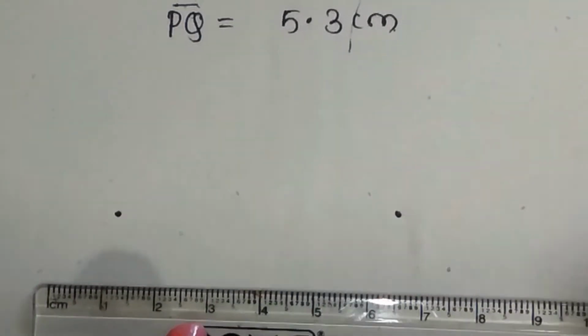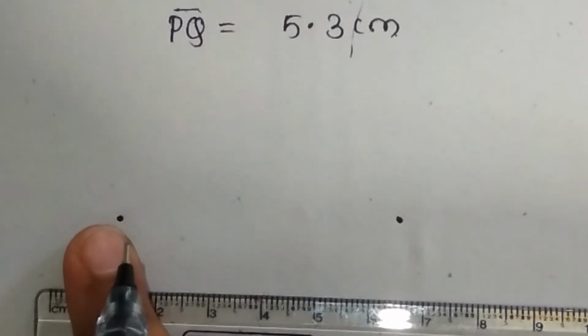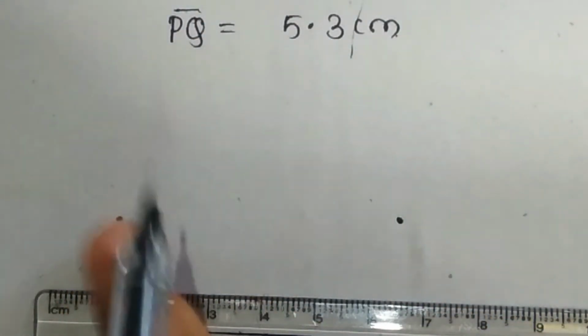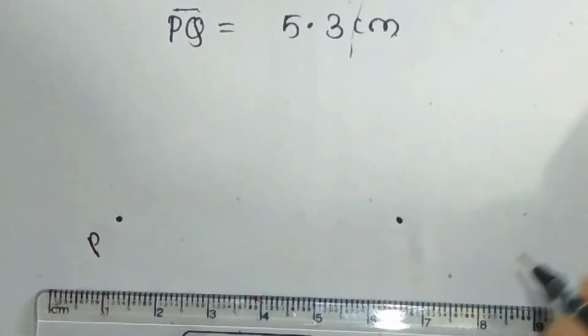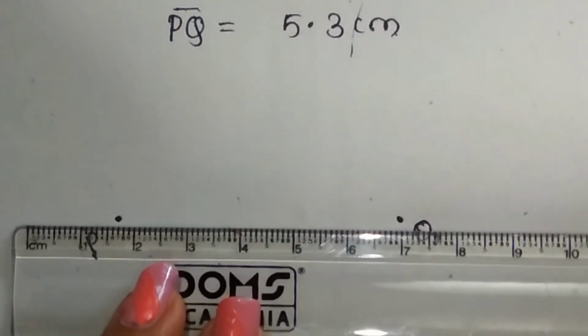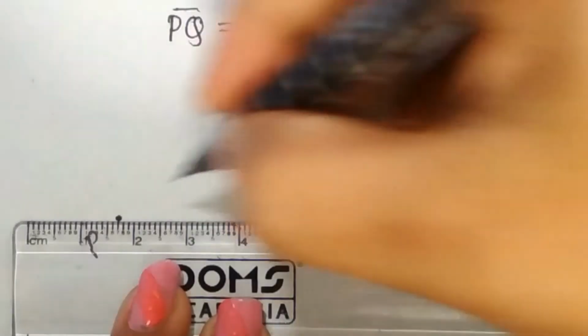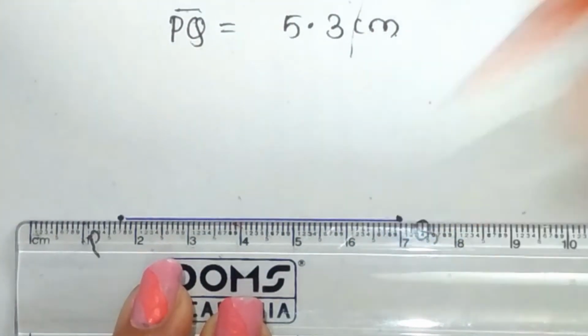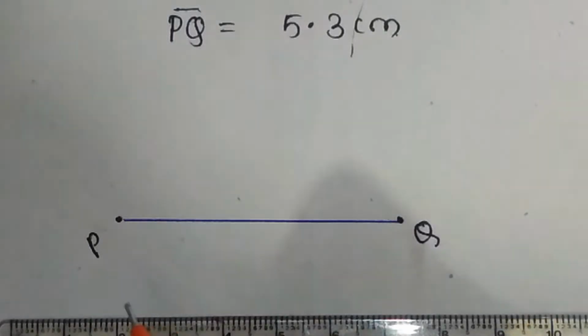After keeping these 2 points, now I'll consider this as my line segment PQ. It is a starting point P and it is the ending point Q. I have to join these 2 points. You can see it clearly now.